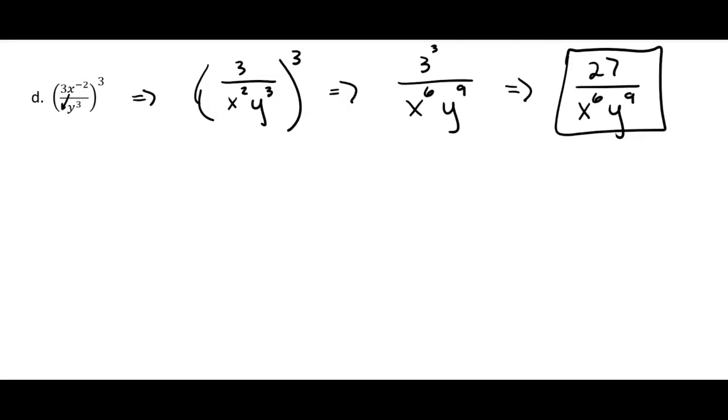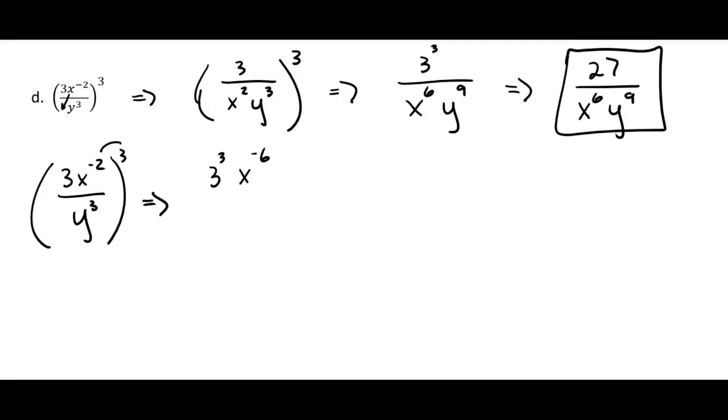Now, let's say you didn't want to do it that way. Remember I said a lot of times you can do these problems more than one way? So let me show you a different way. I'm not going to do it for every problem, but I will for this one. Let's say you didn't want to take care of the negative exponent first. Then you would have had 3 cubed x to the negative 6, because you would have multiplied there, over y to the 9th.